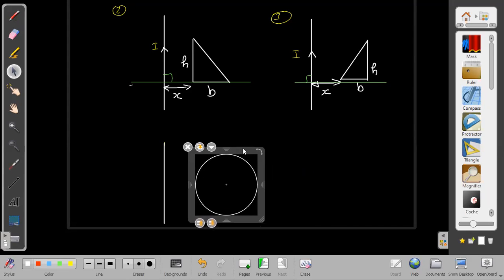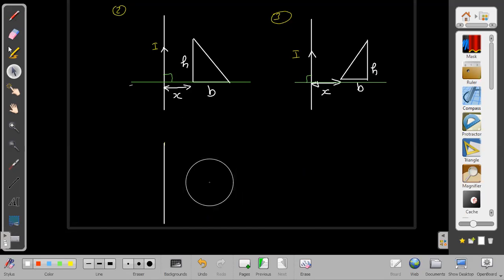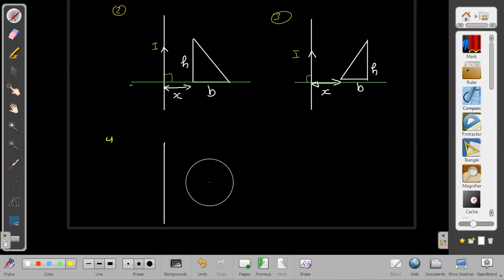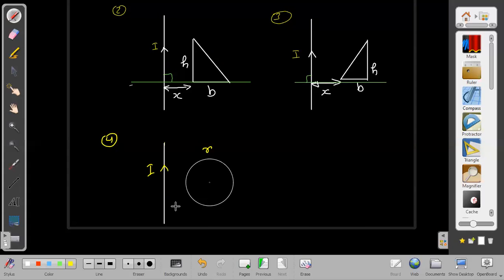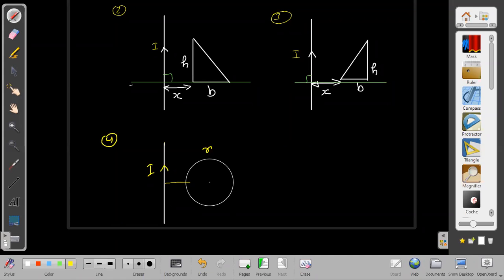For example, at least the first one you can find out, and just keep noting the diagrams as well. Questions 1, 2, 3, three cases done. Number 4 case, the fourth case, where the current is going this side again, and the radius is r. This time I'm giving the distance up to the center as x, because normally when we say circles, we are mainly interested in the distance up to the center.